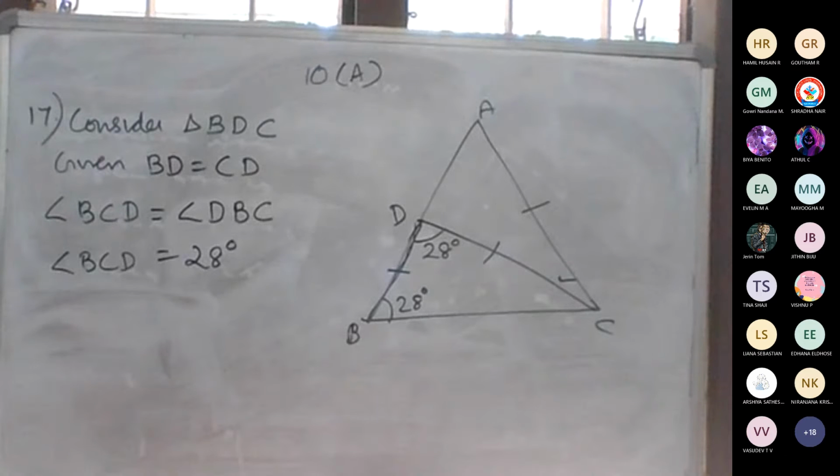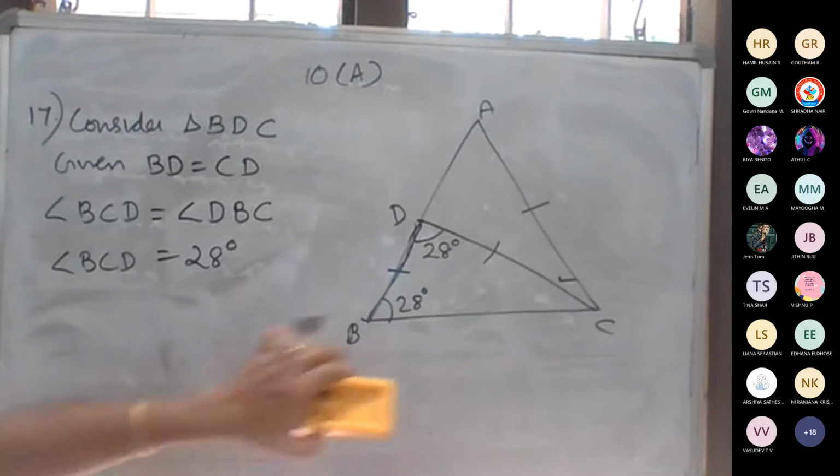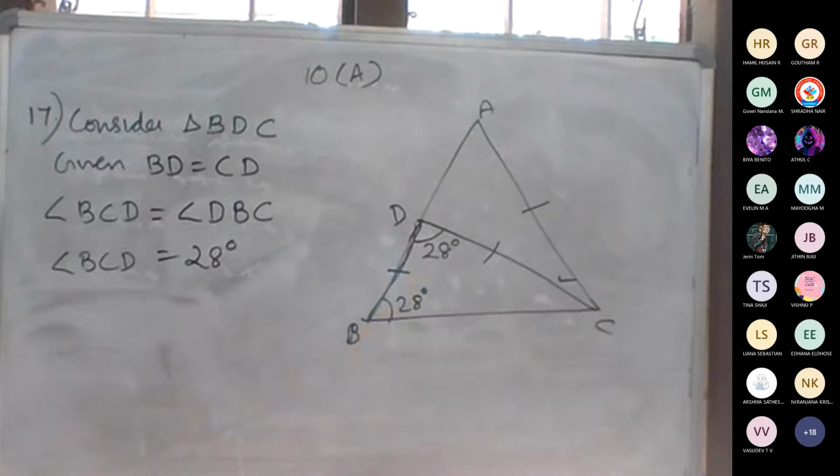Consider that same triangle BDC and think of the exterior angle. If we consider triangle BDC, the exterior angle ADC will be what? The exterior angle ADC is equal to the sum of the opposite interior angles.